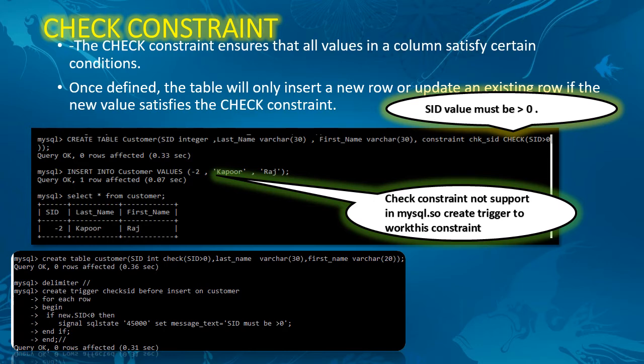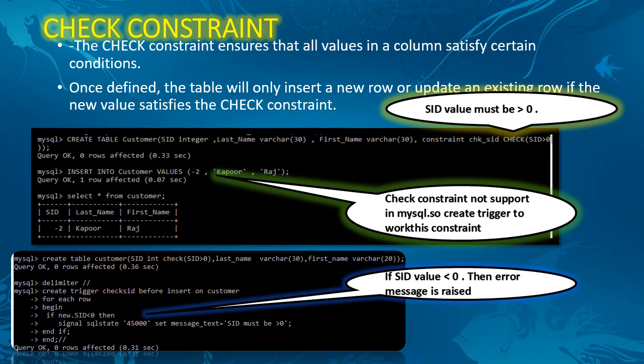For each row, it should happen: begin, if new.SID less than 0, meaning when we are inserting the record we give a new value, and that value is below 0, then it raises the error message SID must be greater than 0.